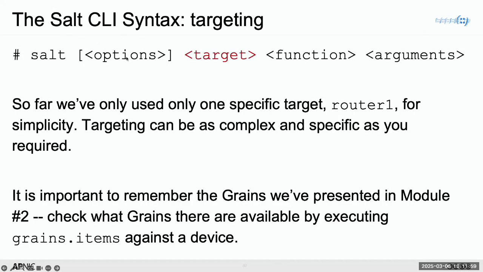So when we execute the command using the salt CLI syntax, how do we do that? We have the salt option, target, and then function and argument. So far we have only used a specific target like router 1, but we can also be generic. Instead of specifying router 1, if we want to execute it against all the routers or all the servers, we can also specify that.